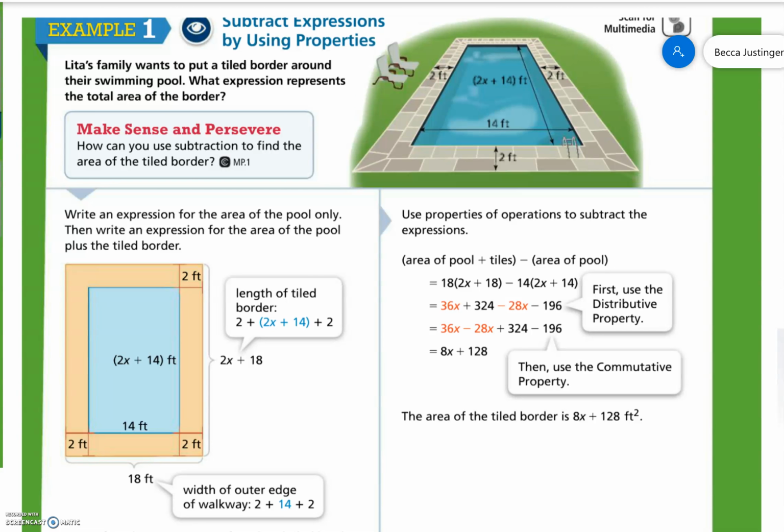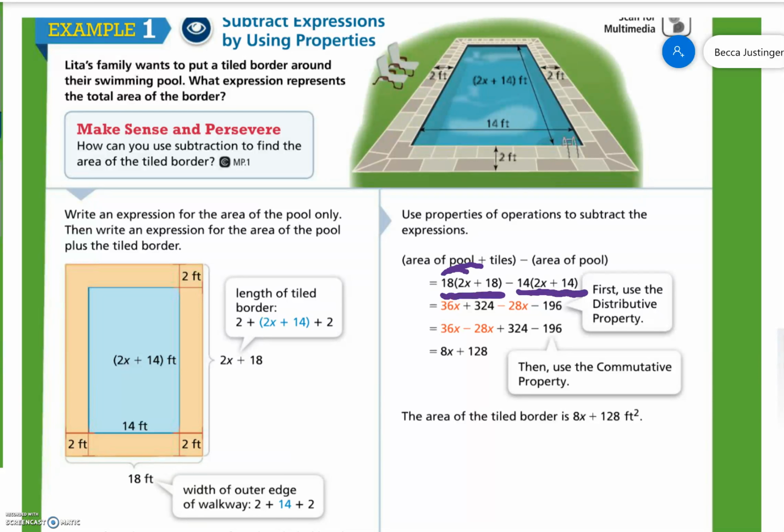So area is length times width. So we're doing the area of the pool and the tiles, the whole thing, minus the area of just the pool. So the area of the pool and the tiles is 18 times 2x plus 18. And then the area of just the pool is 14 times 2x plus 14.